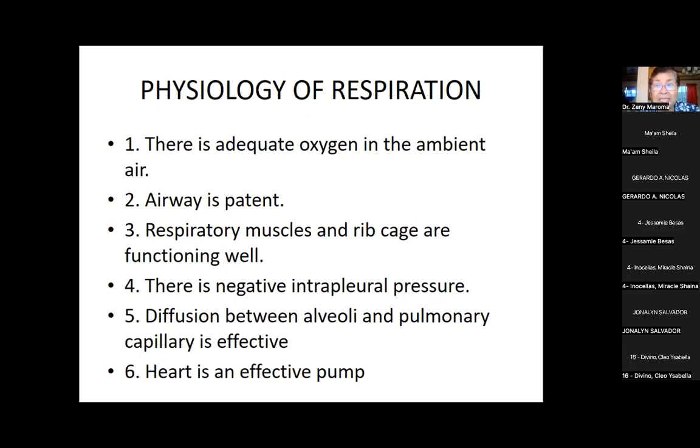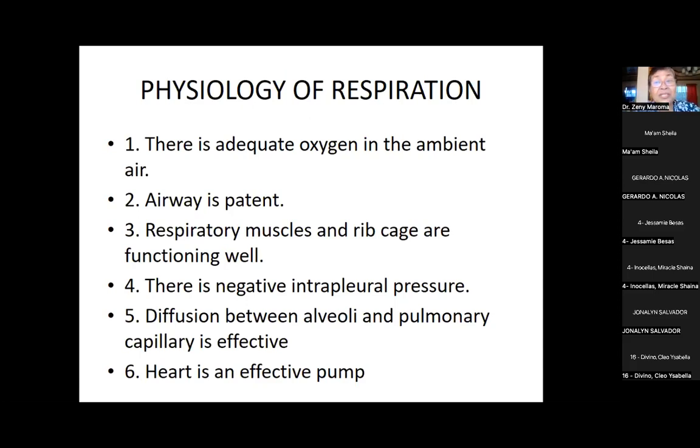Therefore, if the patient has a cervical cord injury, dito sa may bato, one of the manifestations is severe respiratory difficulty, because with damage to the nerve, there'll be weakness or paralysis of the respiratory muscles.